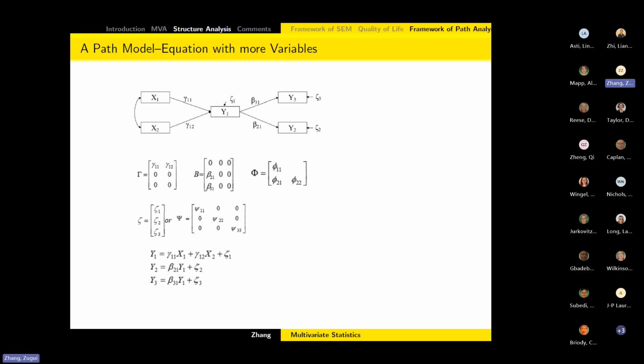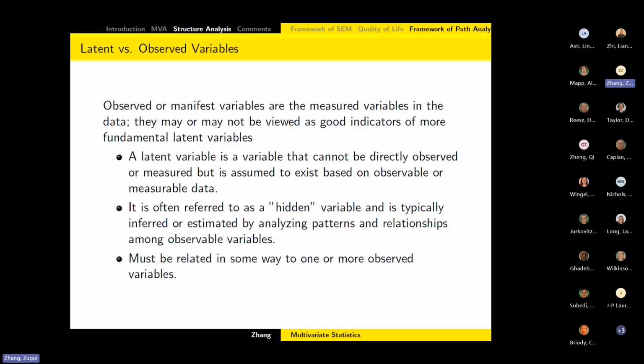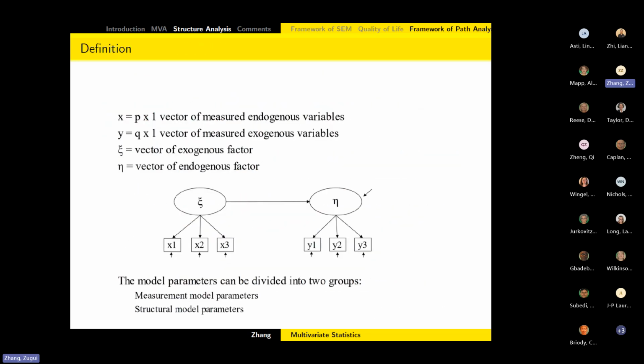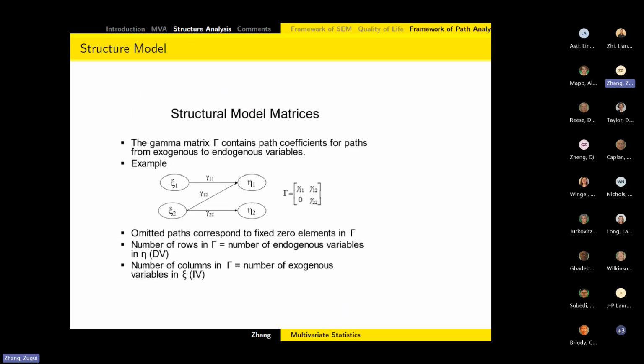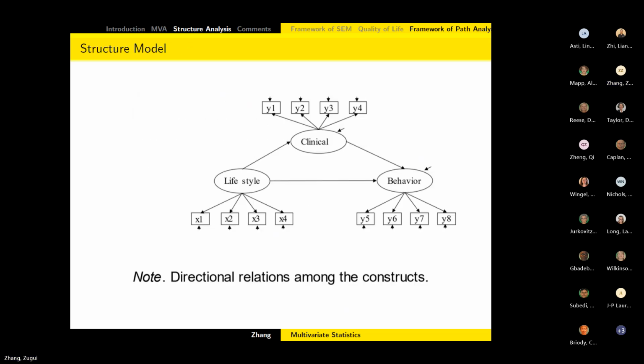So this is the relationship like before. We have latent variables for outcomes and for the independent variables. They also could build up the relationship. So we will have structure model matrices.